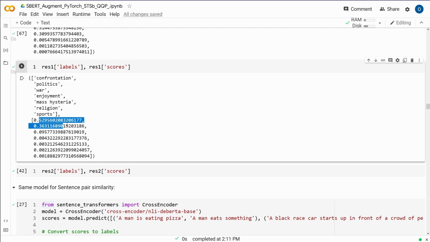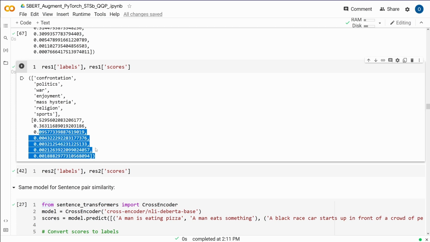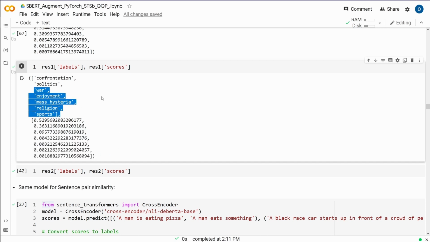And if you look at the scores, you see that only the first two are of significance. So it is a confrontation in politics. And for the rest, you have 0.0, so forget about the rest. But even here it would give you a ranking, you understand, because I said fighting for war seems reasonable. Now, mass hysteria was then ranked religion even, and sports, and no, these two parties are not doing any sports at all. It is 0.001, so forget it.